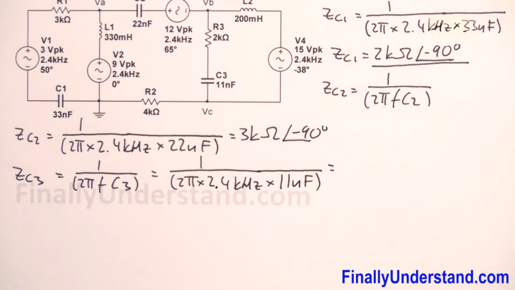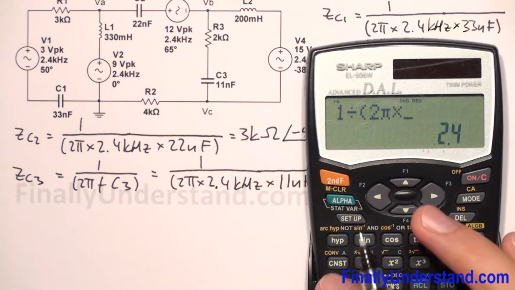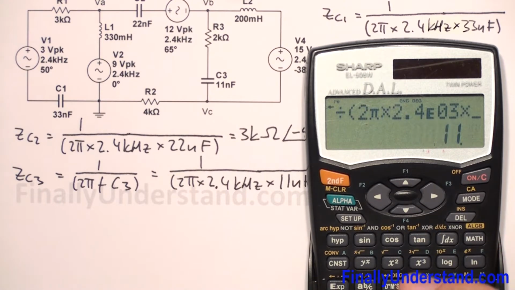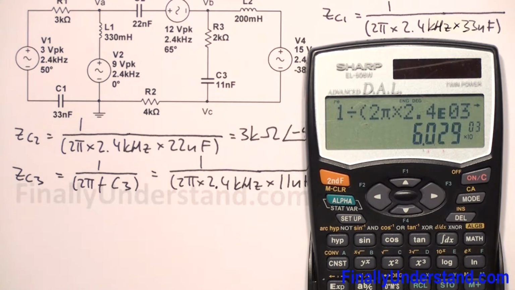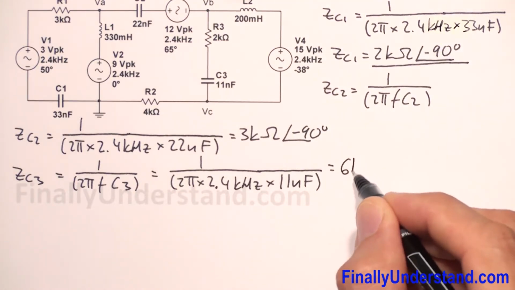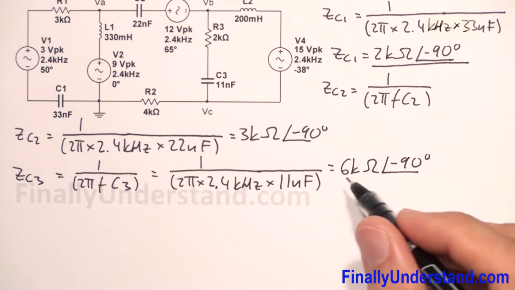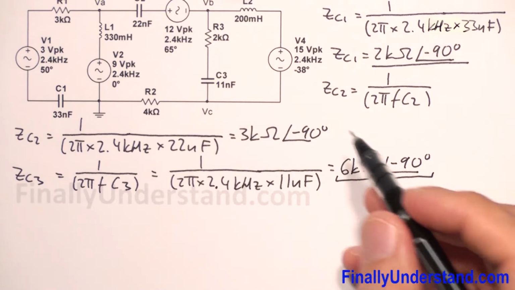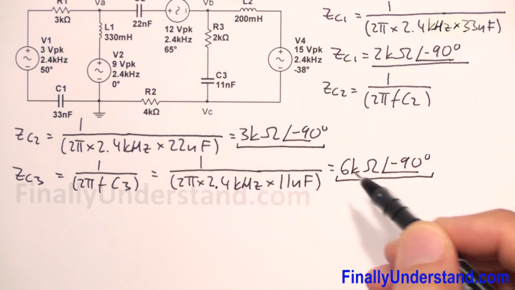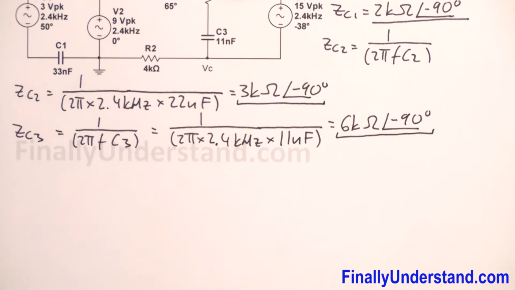So this is equal 1 divided by, open parenthesis, 2 pi times 2.4 exponent 3 times 11 exponent 9 negative, close parenthesis. This is equal, we can say, 6 kiloohms and angle of negative 90 degrees, because this is the impedance of the capacitor. Remember that the impedance of the capacitor goes always with negative J or angle of negative 90 degrees.